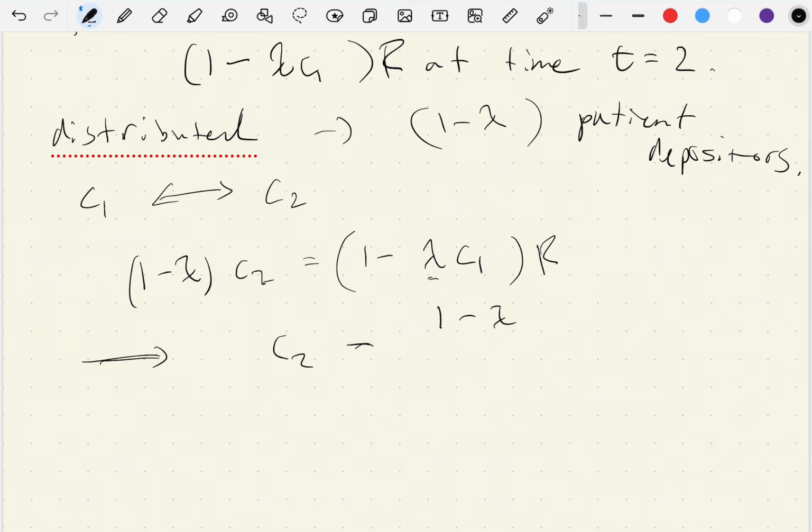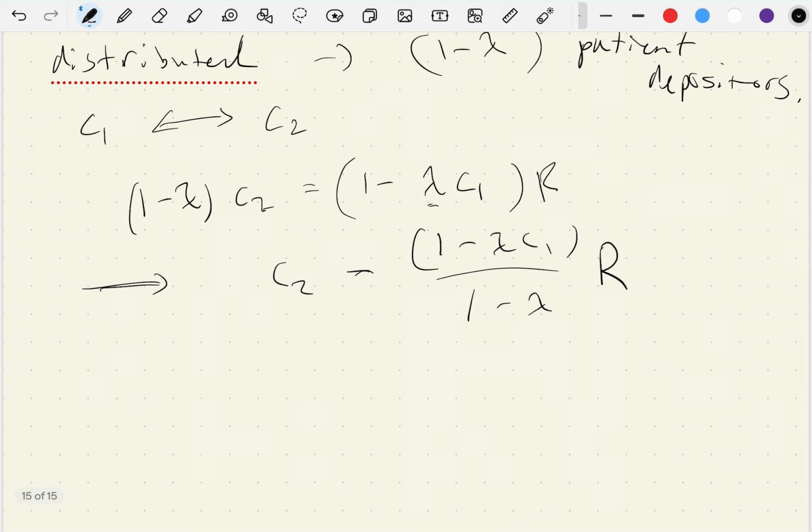This would imply that the second consumption should be equal to 1 minus lambda C1, divided by 1 minus lambda, times R. All right. And so this is the bank's constraint.